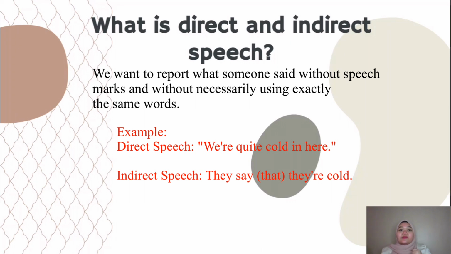However, when we want to talk in indirect speech or reported speech, we will say that they say that they are cold. From here we can see that in indirect speech we change the subject. We didn't change the tenses, but we changed the subject.